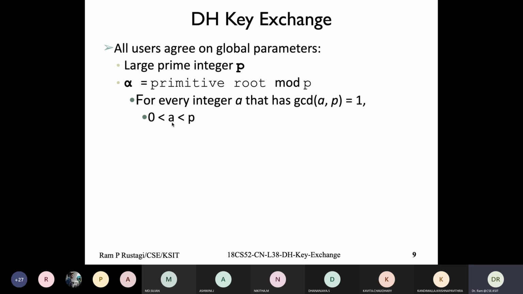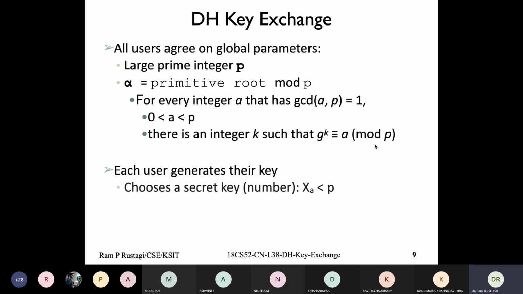So in that case, now we have those numbers. So alpha and P are known to everybody. And we know that because of the property, when alpha is a primitive root, for each power k, I'll basically get an integer k. So 1 to P minus 1, I'll get the value.